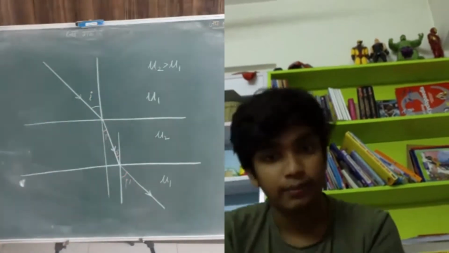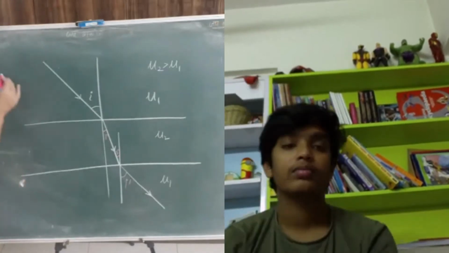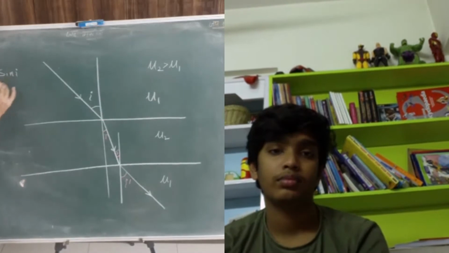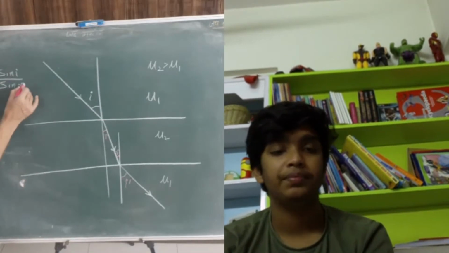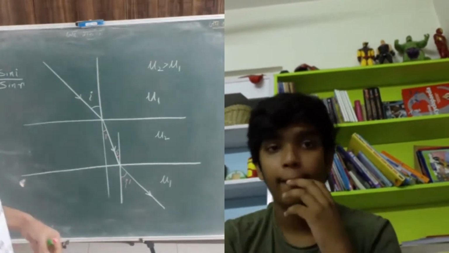Clear? Now I ask you to write the equation for the sin I, sin R relation. This is also called Snell's law.